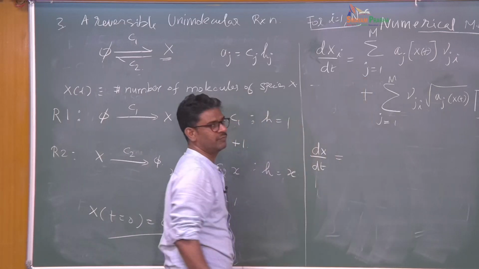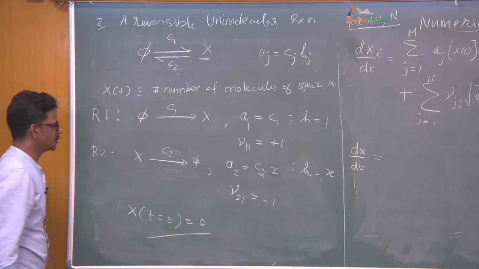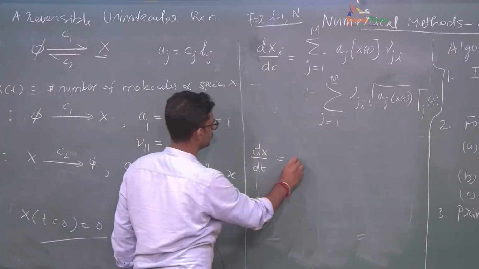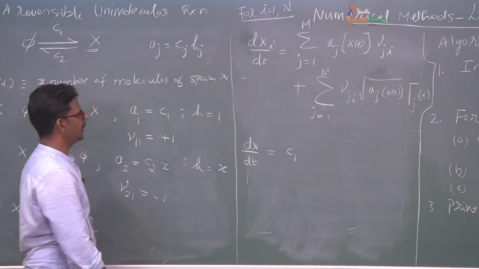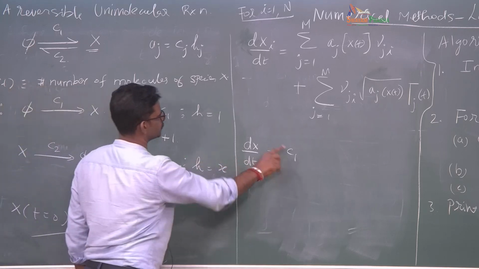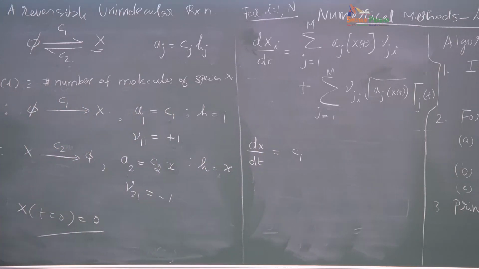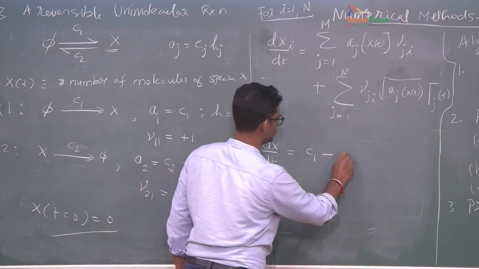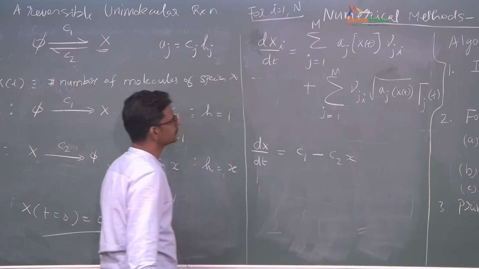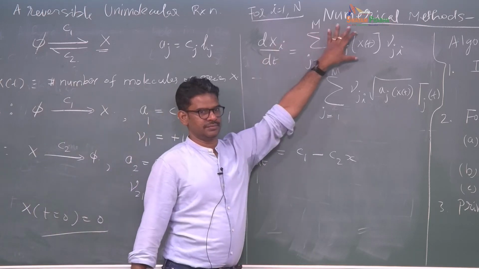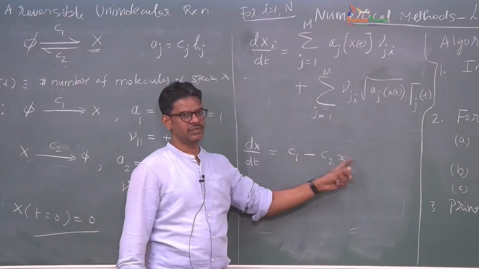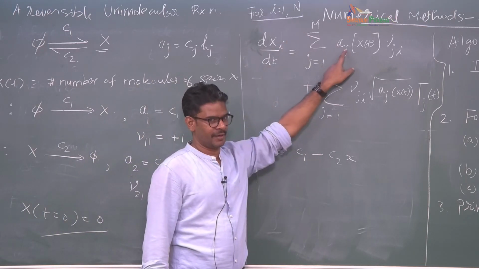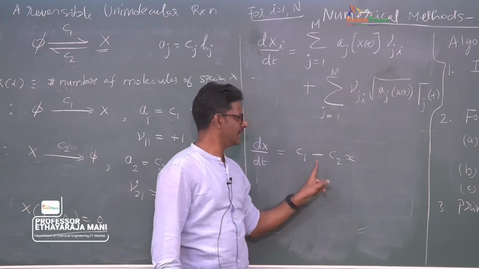Here j will go from 1 to 2. So when j equals 1, a1 is c1 and nu 11 is anyway plus 1, and when j equals 2, we have minus 1 c2x. So when I expand this term, you will get c1 minus c2x. When j equals 1, a1 is c1 and this is plus 1, so you get only c1.